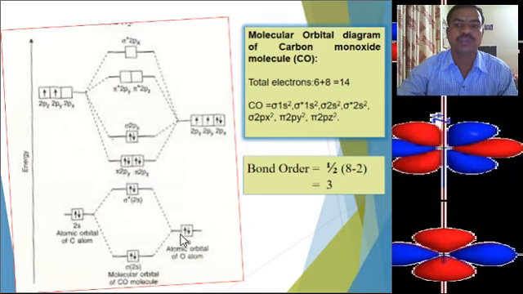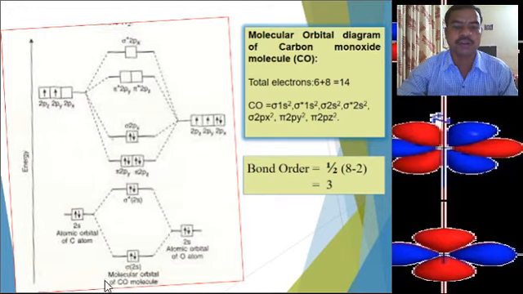Here is the distribution of the electrons of carbon and oxygen in the 2s level. These are the bonding molecular orbitals and these are the anti-bonding molecular orbitals. Sigma 2s has paired electrons, and sigma star 2s is the anti-bonding orbital.